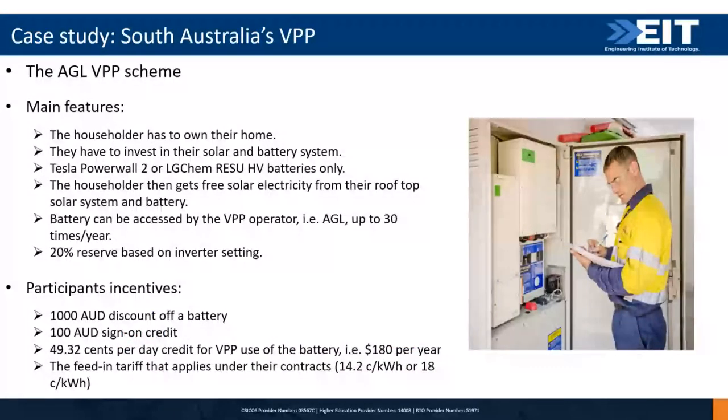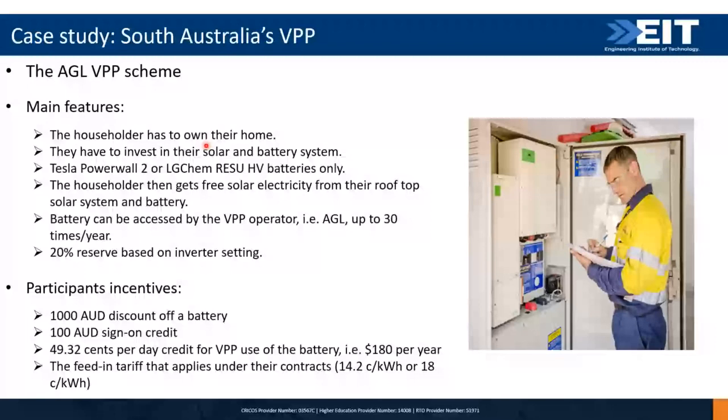First, let's see the VPP program that AGL is running. In this VPP, AGL is the VPP operator. If someone wants to participate in the AGL VPP program, they must be a house owner. They cannot be a tenant.